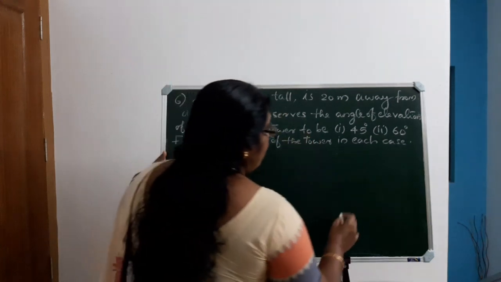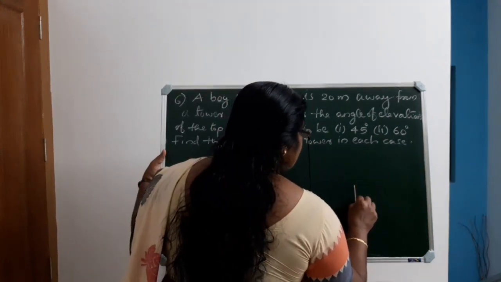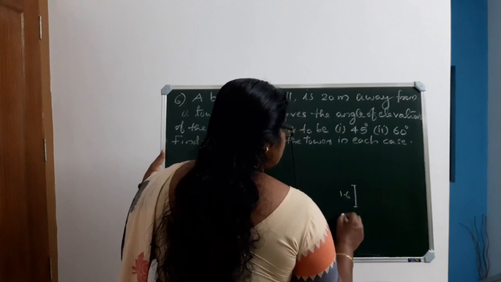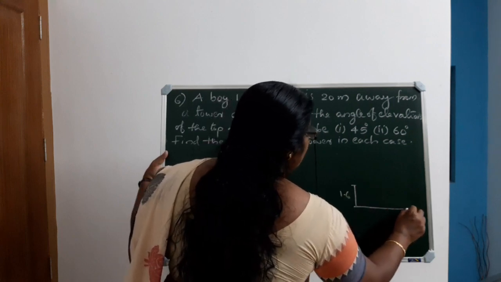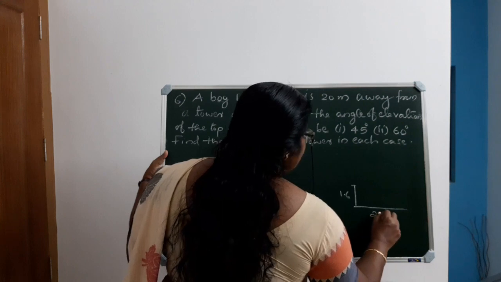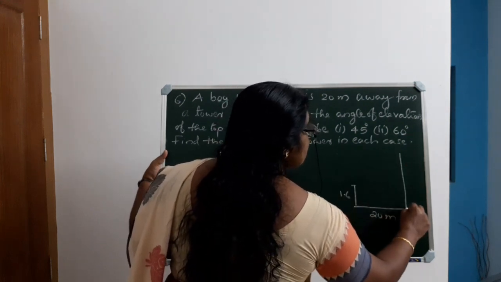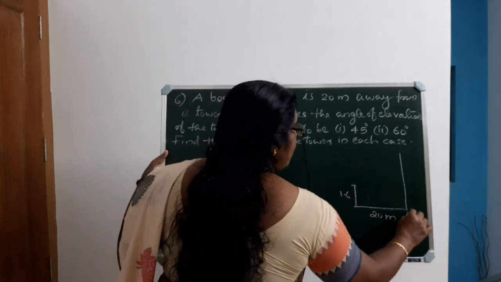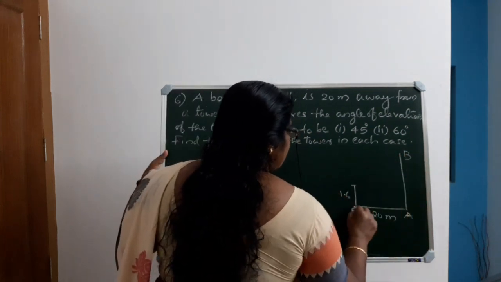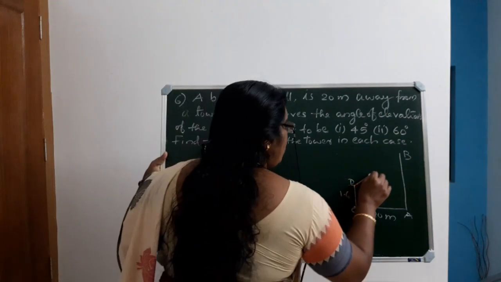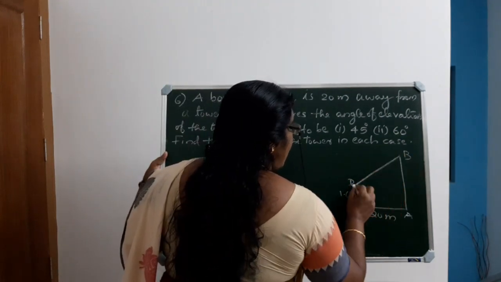A boy 1.6 meter tall. This is height of a boy. It is 1.6 meter and he is standing 20 meter away from a tower. This is a tower. AB be the tower and CD boy. And when he is looking at the top of this tower, the angle of elevation.